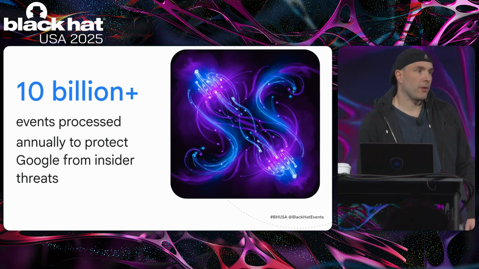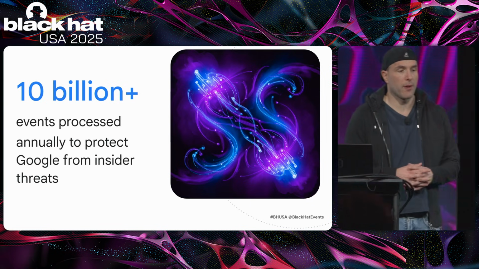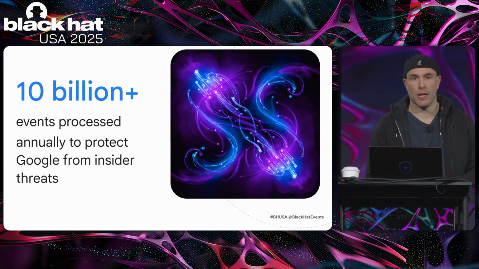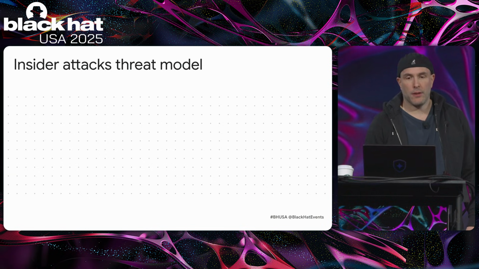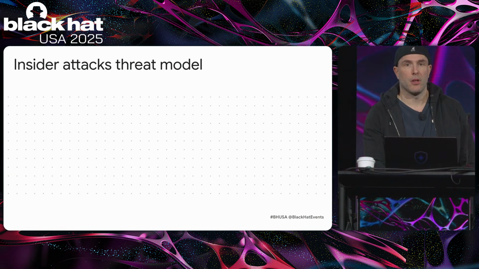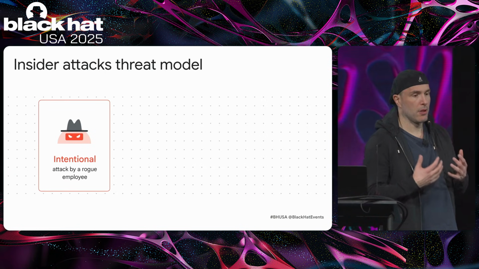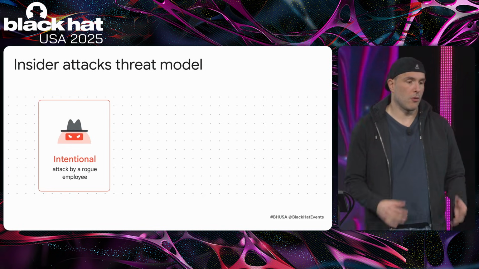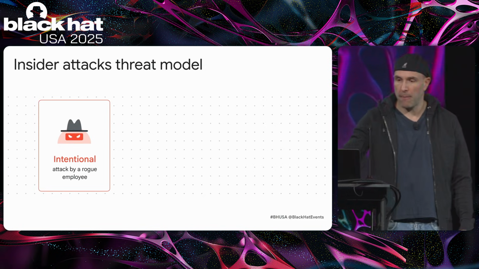At Google, we process over 10 billion events every year to try to find insider threats which target Google and Alphabet in general. What we call insider threat can be broken down into three types of potential risk. The first one is what we call intentional insider threat, which is a rogue employee trying to access and exfiltrate, for example, some of our data.